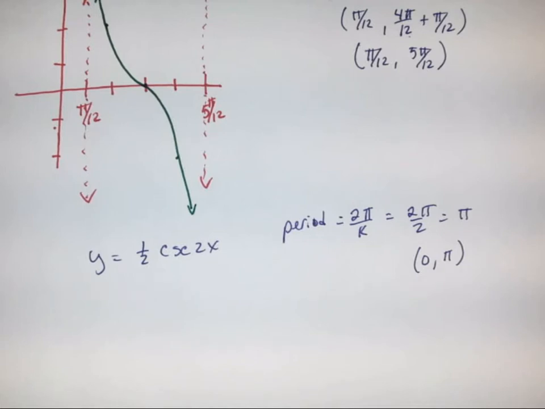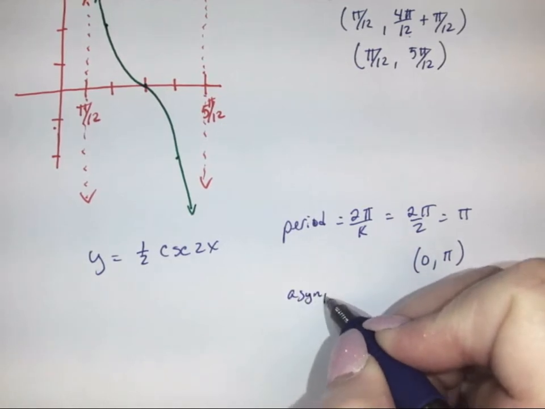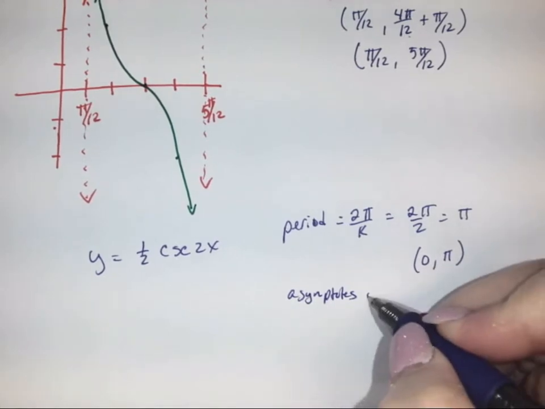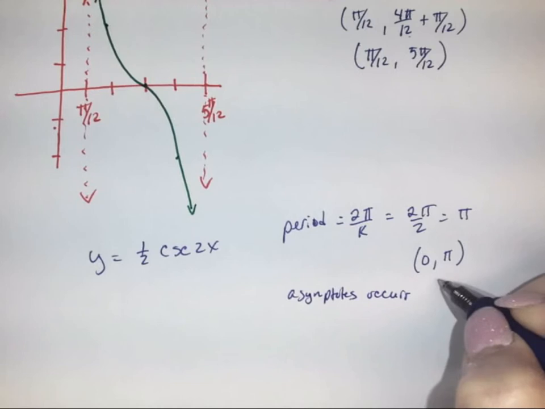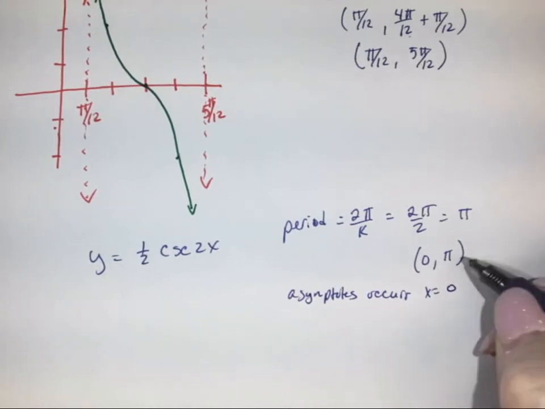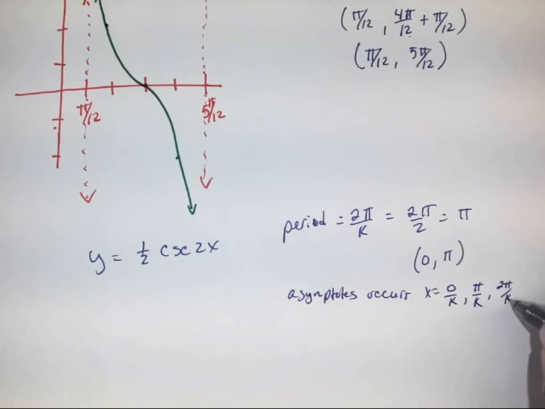So when we're looking at where this is cosecant, it goes with sine. So we're going to have asymptotes, and the asymptotes will occur at x is equal to 0 over k, at pi over k, and at 2 pi over k, because that's where our sine values are equal to 0.